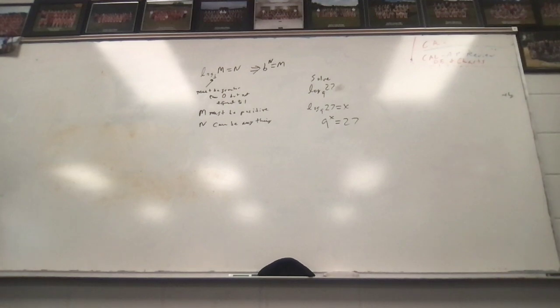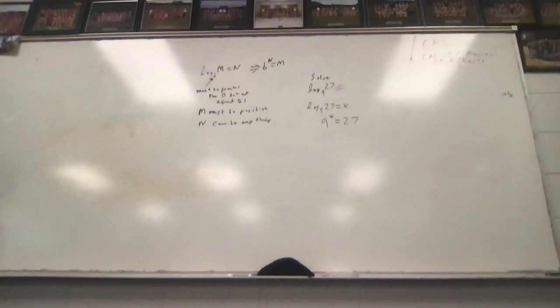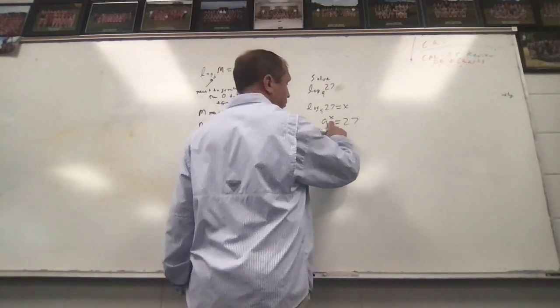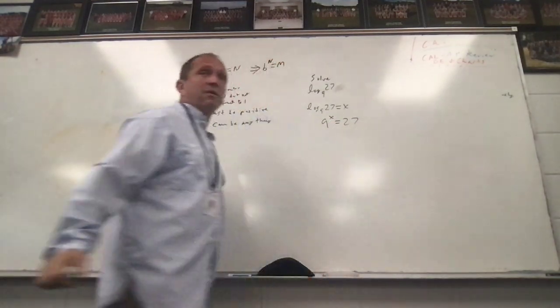If 9 to the x is 27, well, what's 9 to the first power? 9. What's 9 to the second power? 81. So between 1 and 2, we jumped past 27.